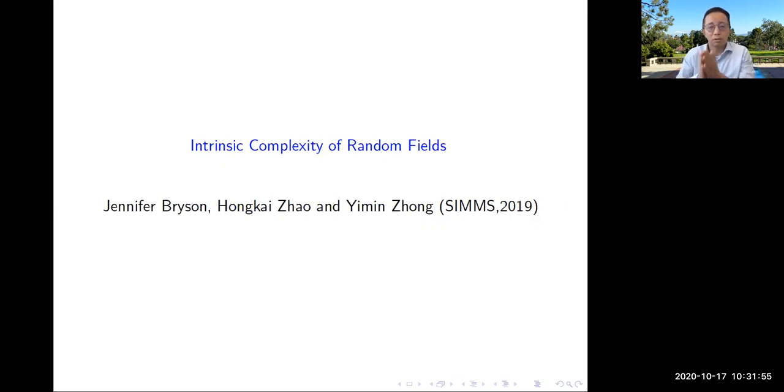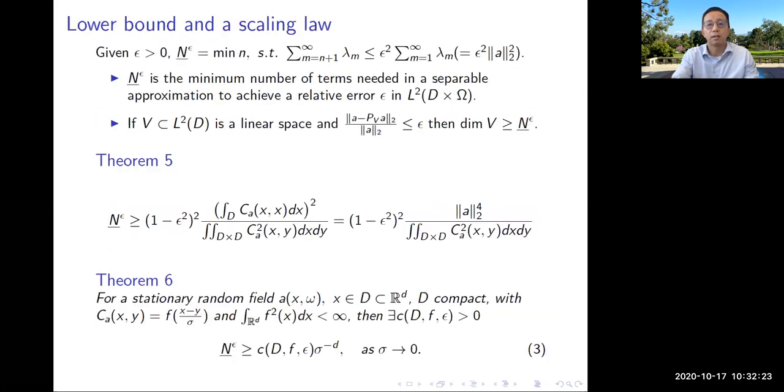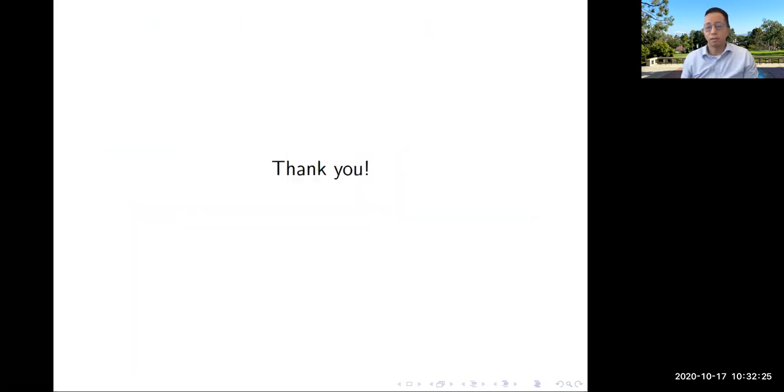But if you just give me a random field, and the only thing I know is the correlation length, then I can tell you at least how many terms of expansion you have to have, with the best basis you have, let alone, you know, Wiener chaos expansion, which uses certain specific polynomial bases. So what I'm trying to say is, from this, whether what you're doing is right or not, at least you have some guidelines or insight.